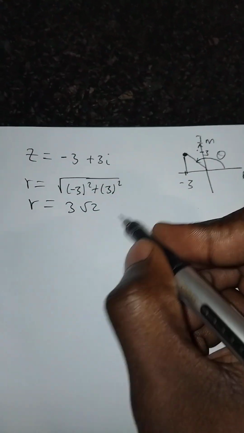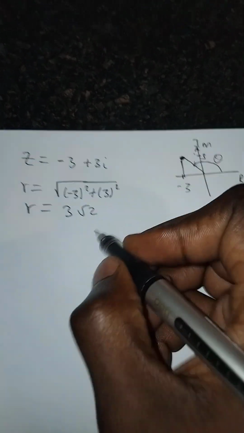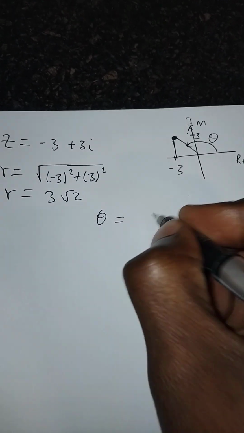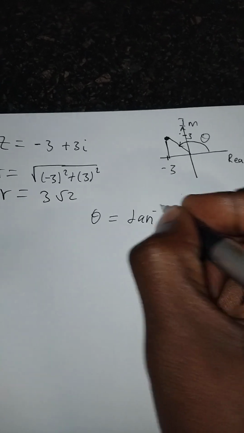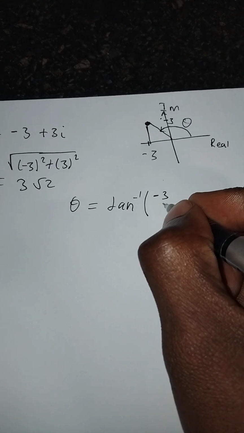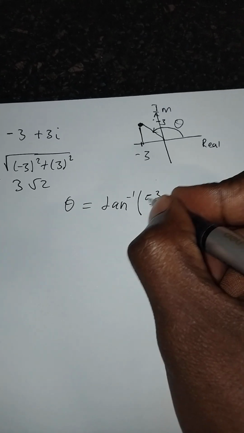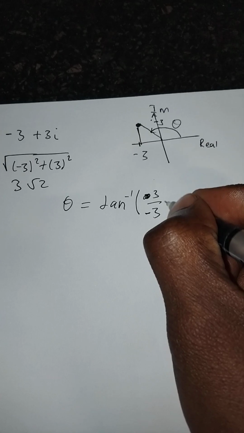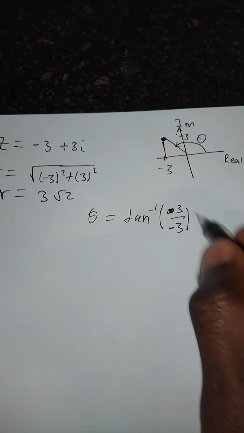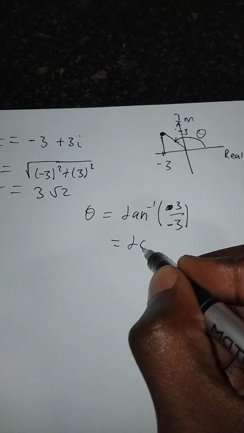Then I'm actually interested in theta for this problem. Okay, so theta is going to be arctan of minus 3 over 3. Now b is positive, the one that is negative is a, so it's 3 over minus 3. Okay, so here I'm going to get arctan of minus 1.